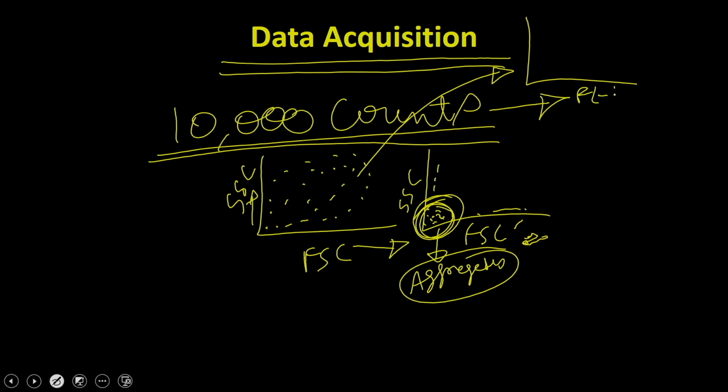Then you can choose FL1 or FL3 or whatever, and it is going to give you the sample for FL3. FL3 or FL1 you are always collecting on a log scale, so you can see it gives you 10 to the power 0, 10 to the power 1, 10 to the power 2, 10 to the power 3.